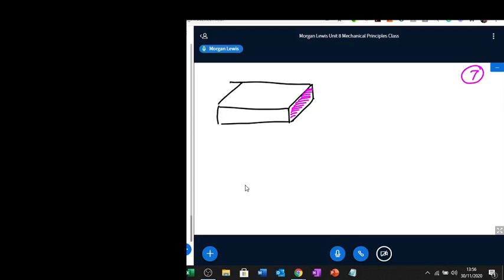Let's just say it's got a force going this way, squashing it. Let's say that's 20. It's the same stuff. In compression, it makes no difference for us anyway. It's going a different direction, but for now we'll just keep it. I'll give you a length. Let's just say it's 500 mil.